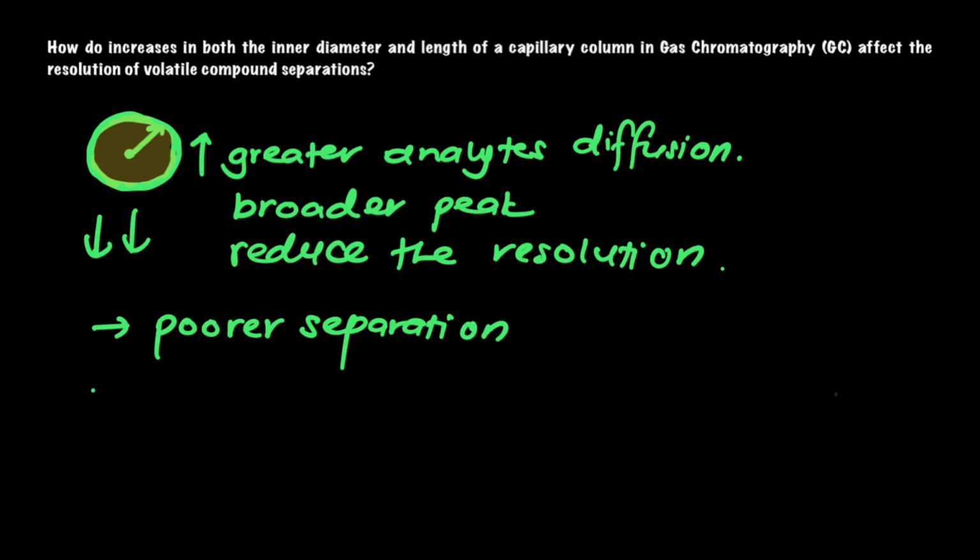So, for example, if you have two components with eluting time that is almost the same, you cannot see the separation.